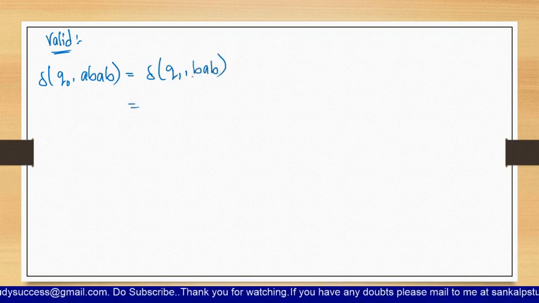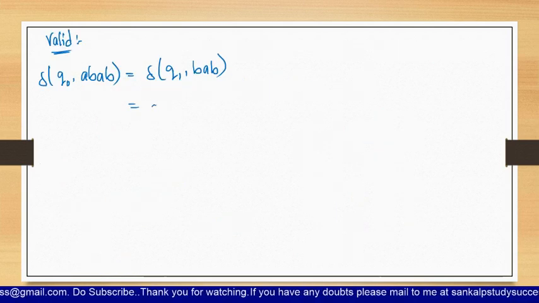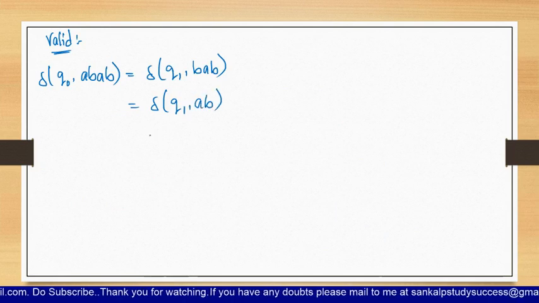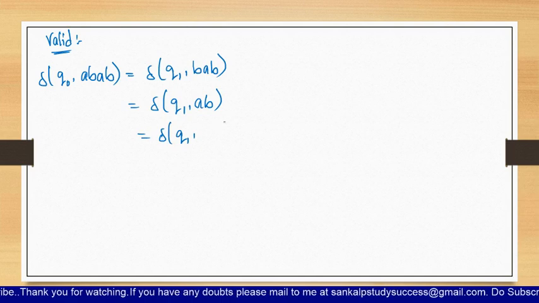Now for Q1, if you apply B, then it moves to Q1 because we are having a self loop. So Q1, comma, A, comma, B. Again, if you apply A to Q1, then you will get Q1 itself because we are having a self loop with A and B.